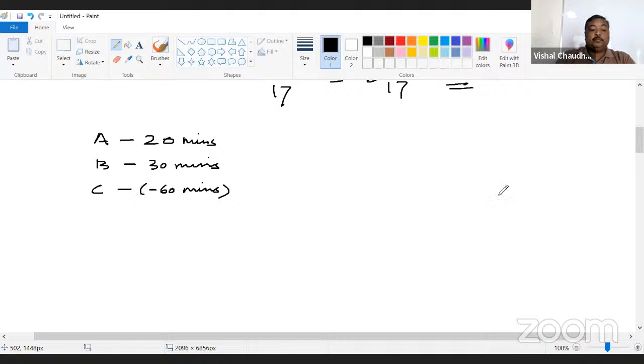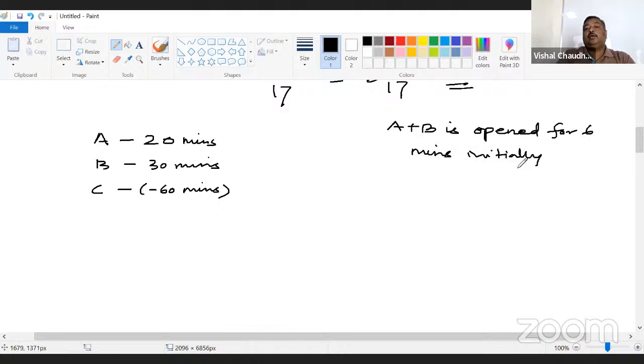अब यहां पे देखिए, क्वेश्चन कह रहा है कि A plus B is opened for 6 minutes initially, and then C is opened.